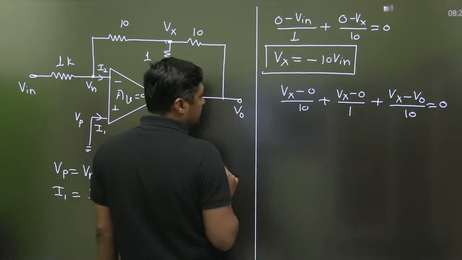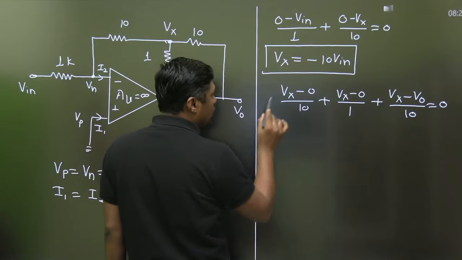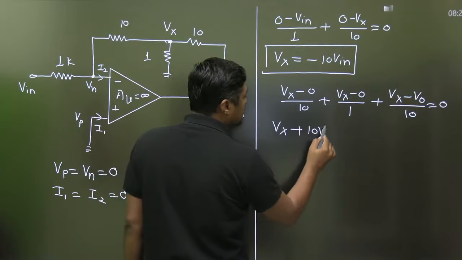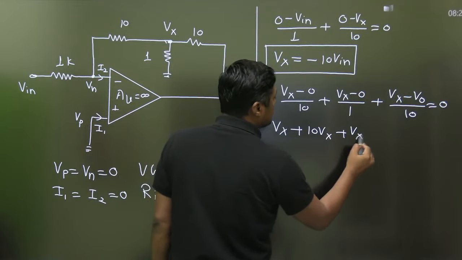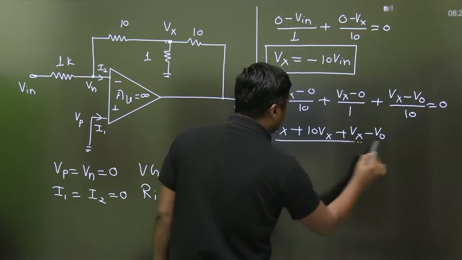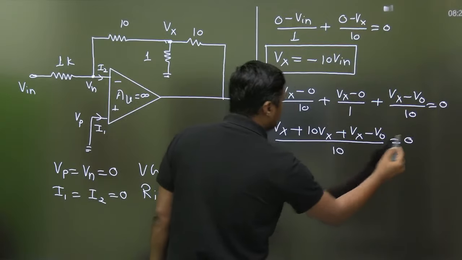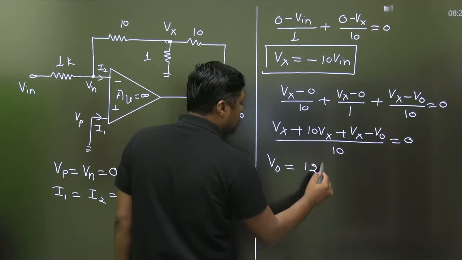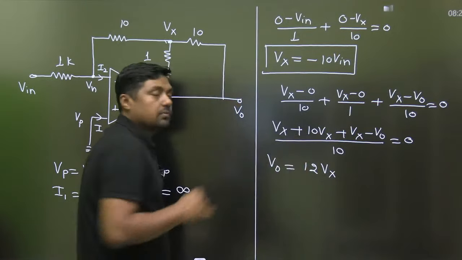You can take 10 as LCM. You get Vx plus 10 Vx plus Vx minus V0 upon 10 is equal to 0. Now V0 is equal to 12 times Vx.